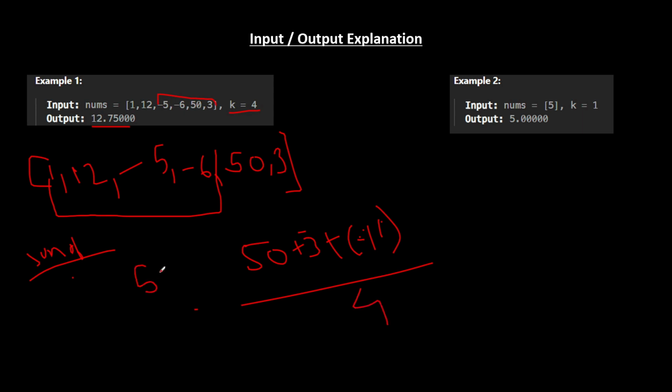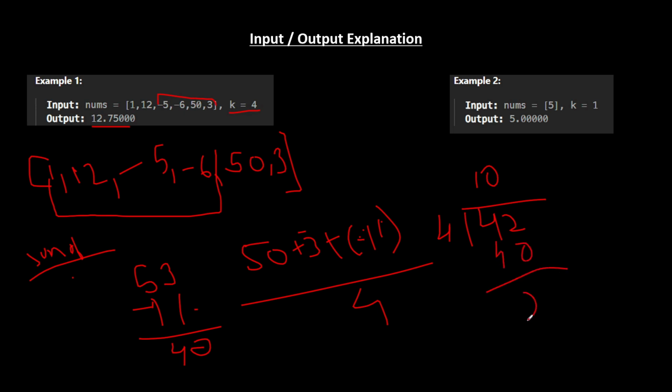Now we have 53 minus 11, which gives us 42. Now let's try dividing 42 by 4 to find the average. We know that 4 into 10 gives us 40. We are left with 2, and 4 into 5 gives us 20. So 10.5 is the result for this. So this is also not the output.